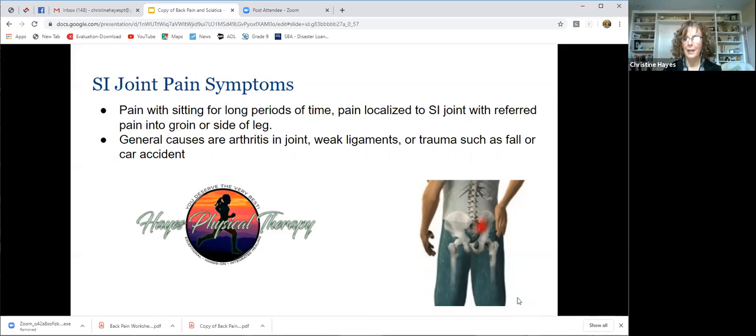We know how to test for that. We know how to put that sciatic nerve on tension, on relaxation. We know how to put your piriformis muscle and stretch it and strengthen it to see whether that's the trigger right there.